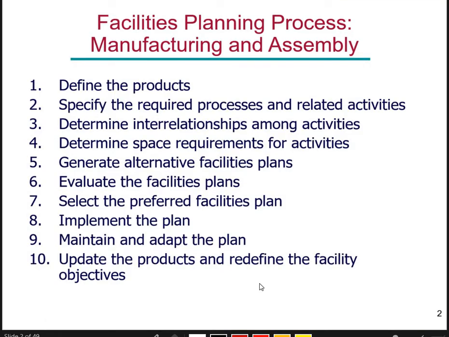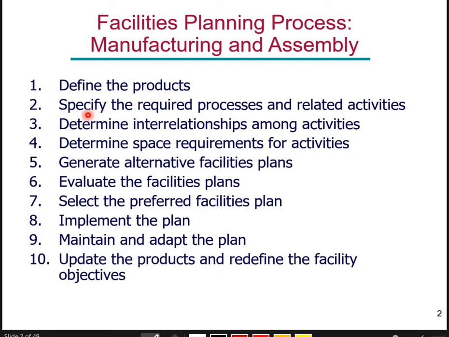The steps of the facilities planning process, whether it is a manufacturing facility or an assembly facility, we have covered during the introduction chapter. We first start by defining the products: what products this facility will be producing or will be dealing with.